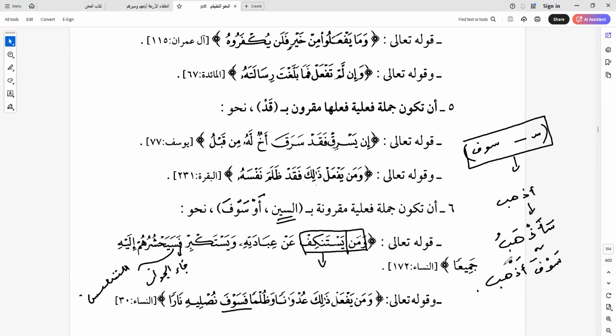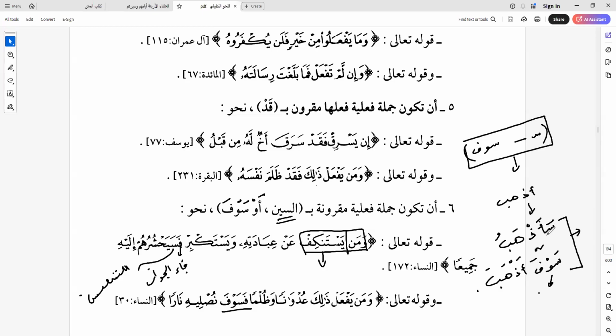Some scholars are saying they all mean the same thing. Other grammarians are saying that the sofa indicates what we call long-term future, meaning it's not going to happen now, and then sa'azhabu means abrupt or sudden action. You're going to do it now. So one is short term, one is long term. But some grammarians are saying there's no difference. If you say sofa azhabu, it means I will go.